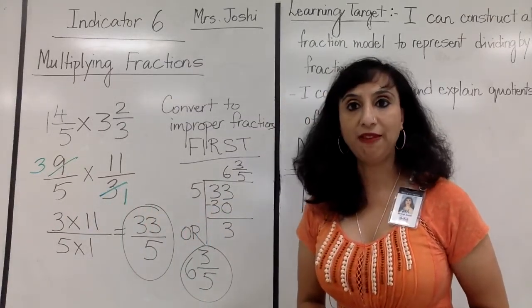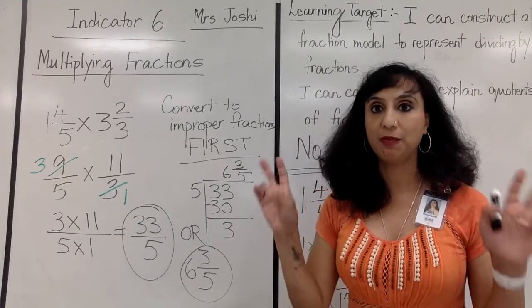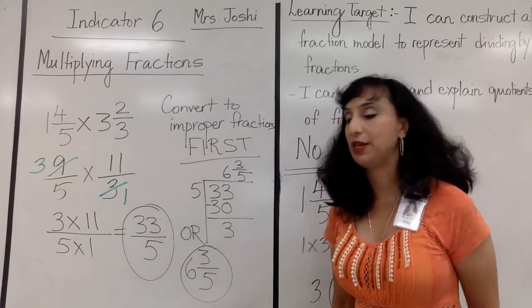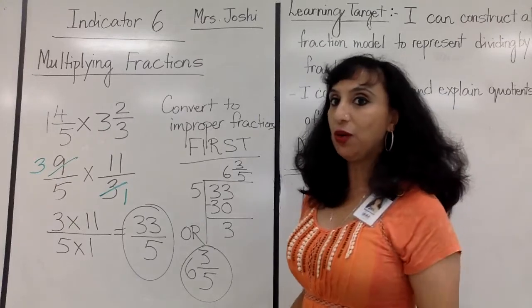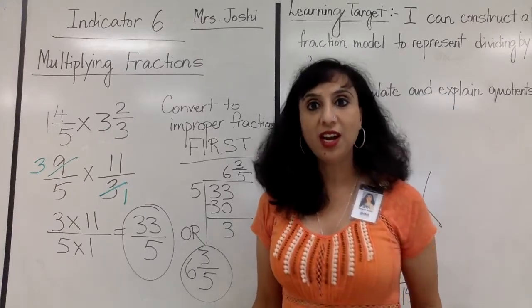And this is multiplying fractions. Let me show you exactly why I'm saying simplify before you multiply. Simplify before you multiply. Okay, so really cool. My students love this every year.